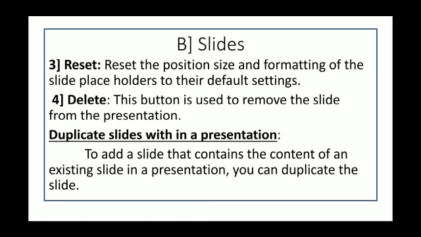It will be used to duplicate the created slide. To add a slide that contains the content of an existing slide in a presentation, you can duplicate the slide. If you press duplicate selected slides, automatically the same copies will be inserted into your presentation.